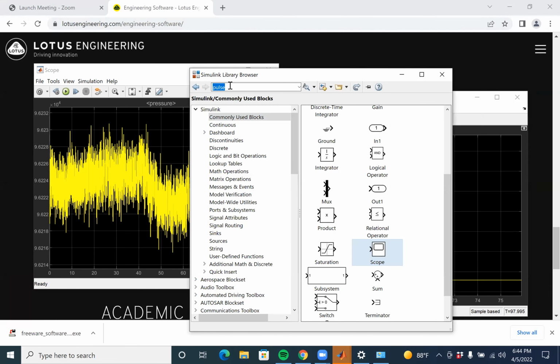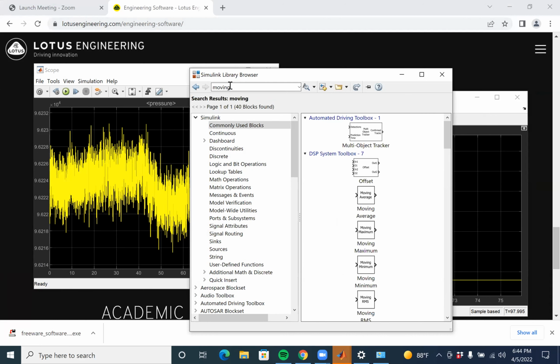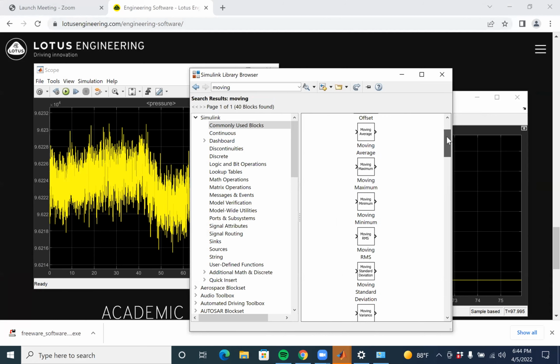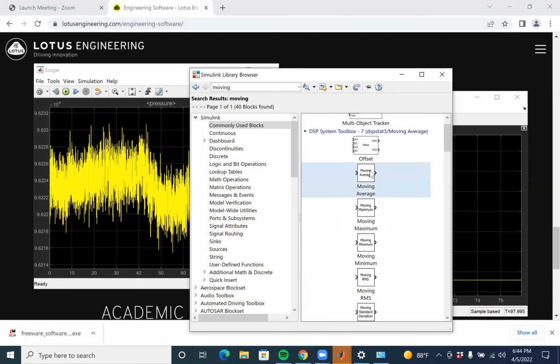For that, you want to go to moving average. Can you see moving average?